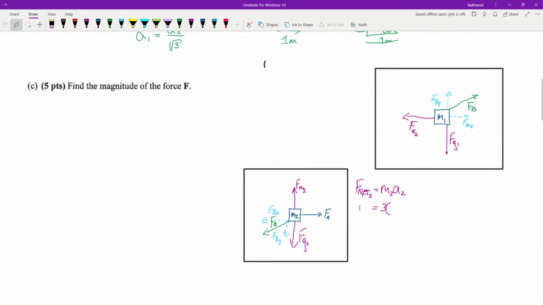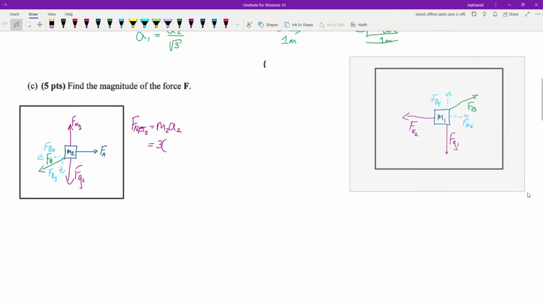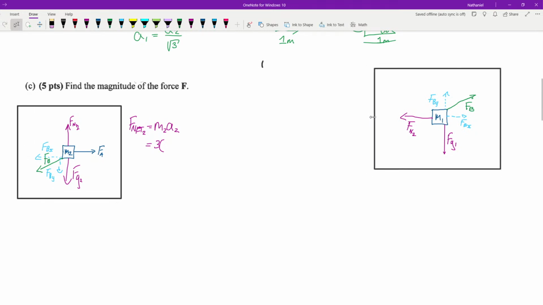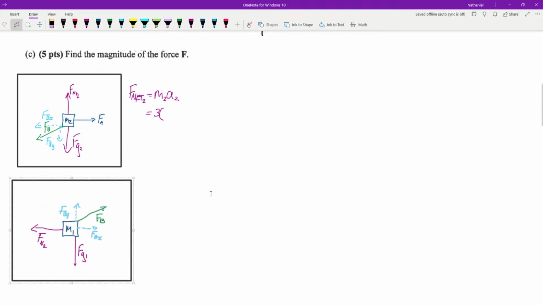Okay, here we go. So Fnet 2, we know the mass and we know the acceleration. So we should be able to say that that's, oh my gosh, 1.5 newtons.